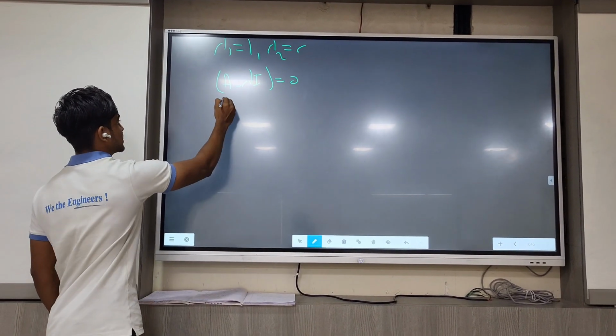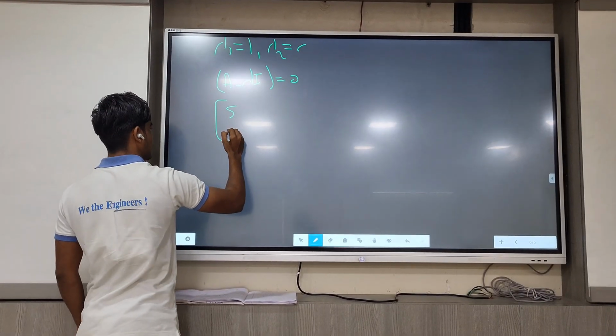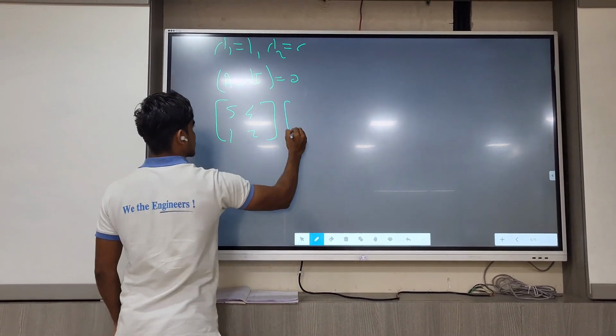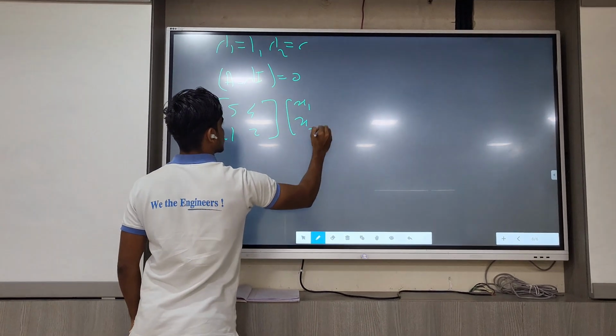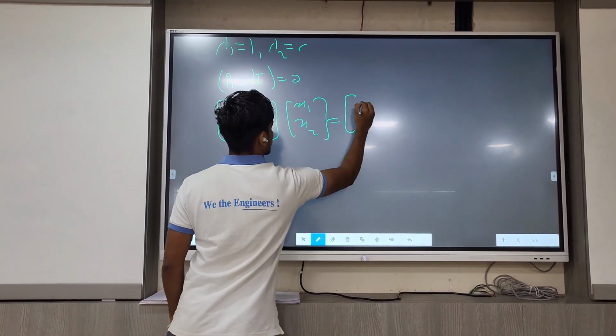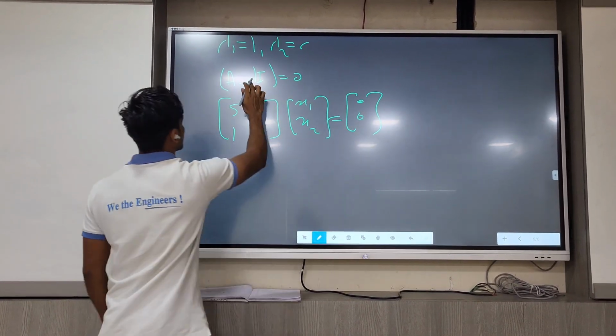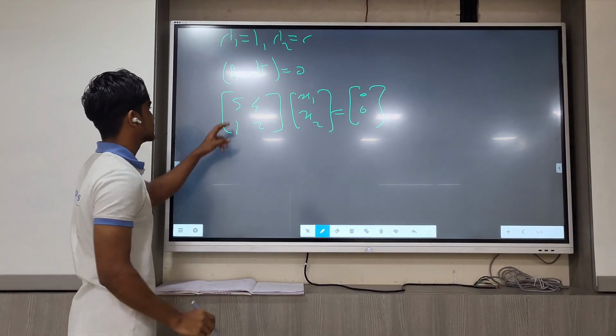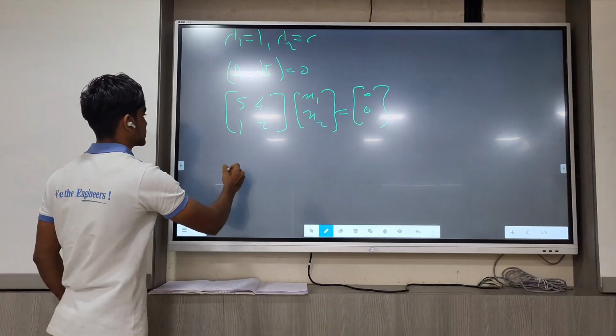And then what is it? A is 5, 1, 4, 2 and x1, x2 and 0. So what is lambda? Firstly lambda is equal to 1. So we have to subtract it from the elements in the diagonal.